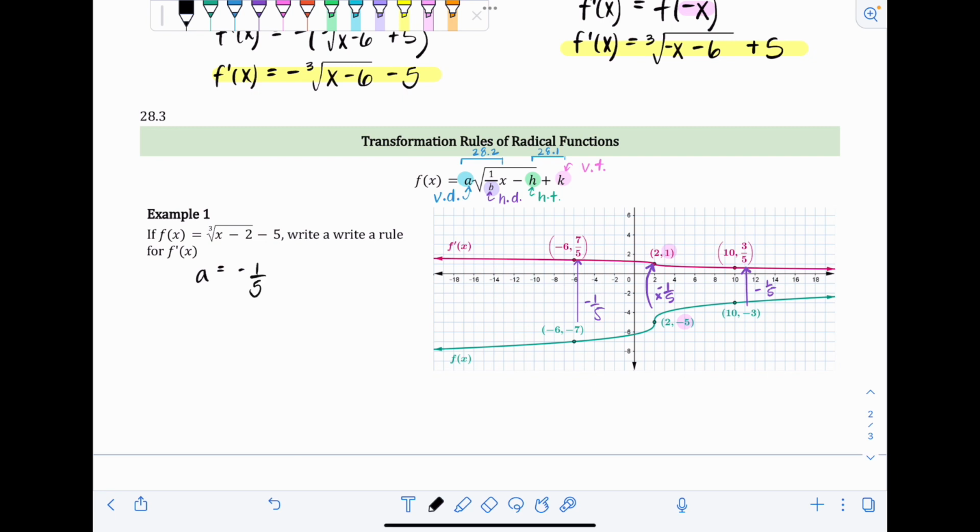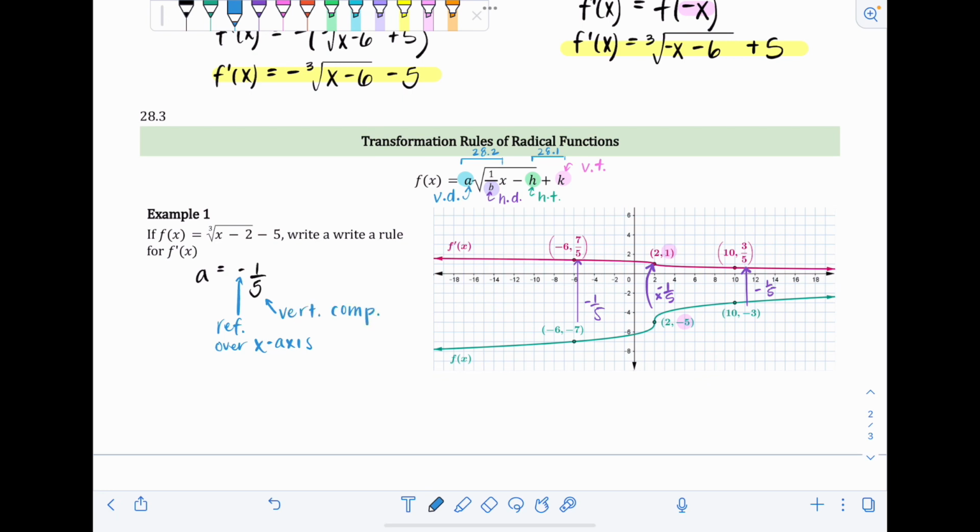Because it's that, it's kind of a combo, but it's all in one, because the negative is the reflection over the x-axis, and then the 1/5 is the vertical compression.